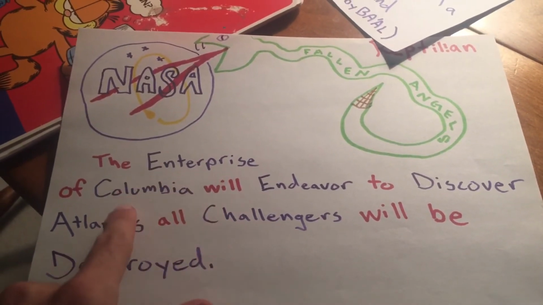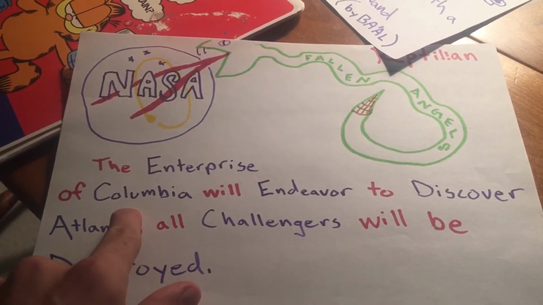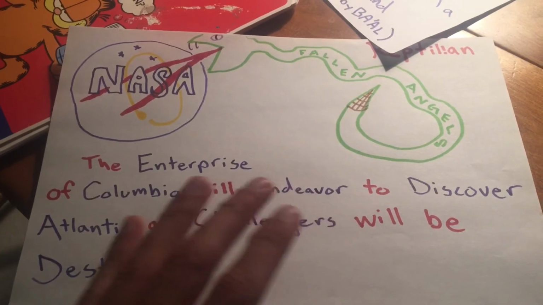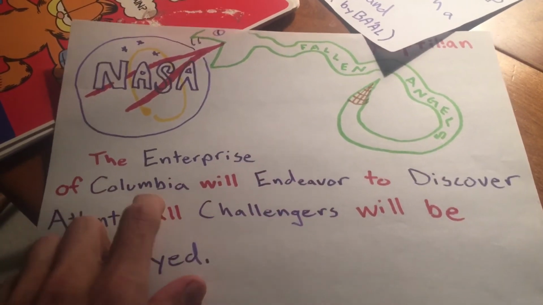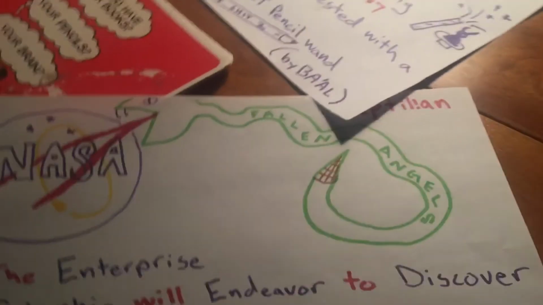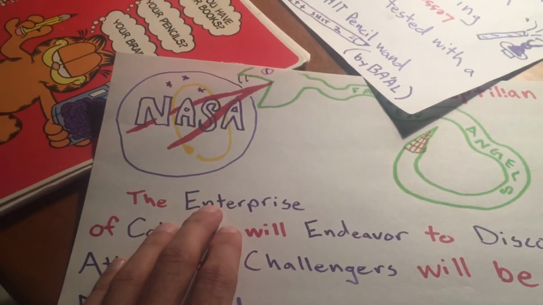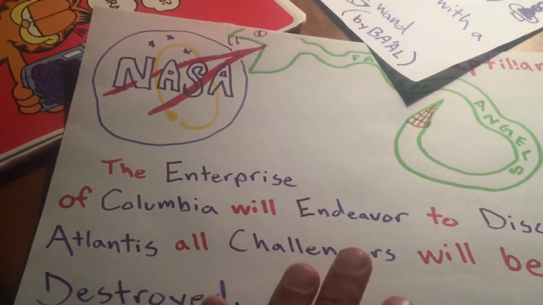The Enterprise of Columbia, which is like the, Columbia is like North America, which is controlled by the Templar, and the Enterprise is like the United States of America, like the whole commerce thing.